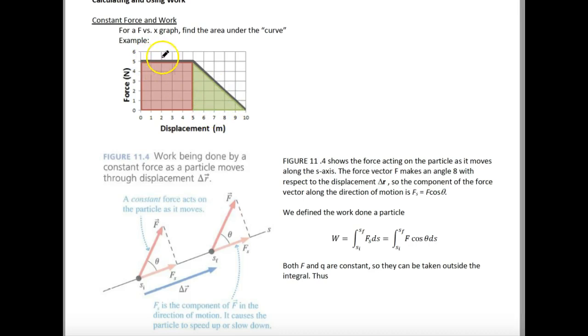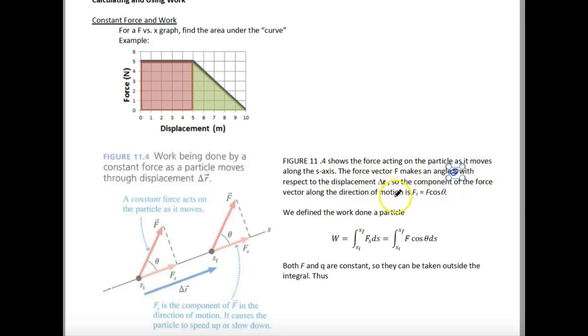So here I've got a constant force, and here I have a non-constant force. So this is just a particle moving along the axis in this figure, and the force vector makes an angle with respect to the displacement. So this angle should be angle theta here, so we'll change that.